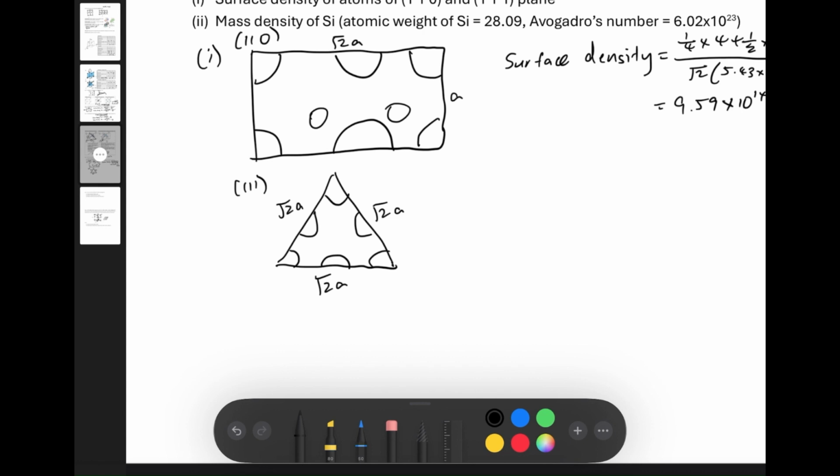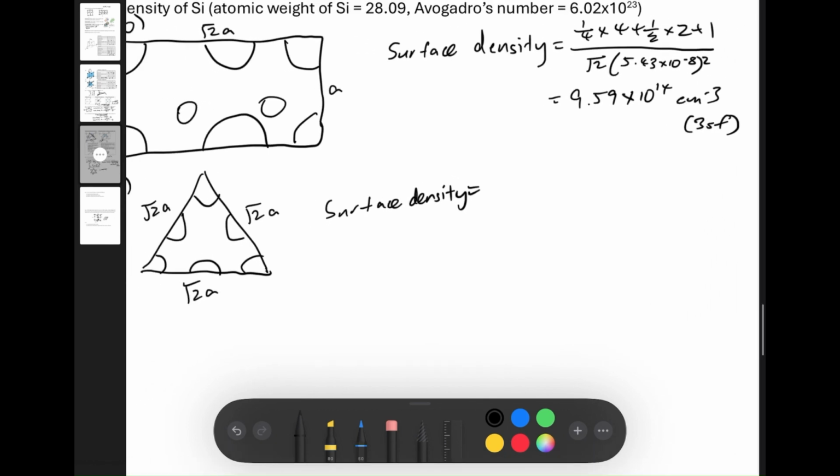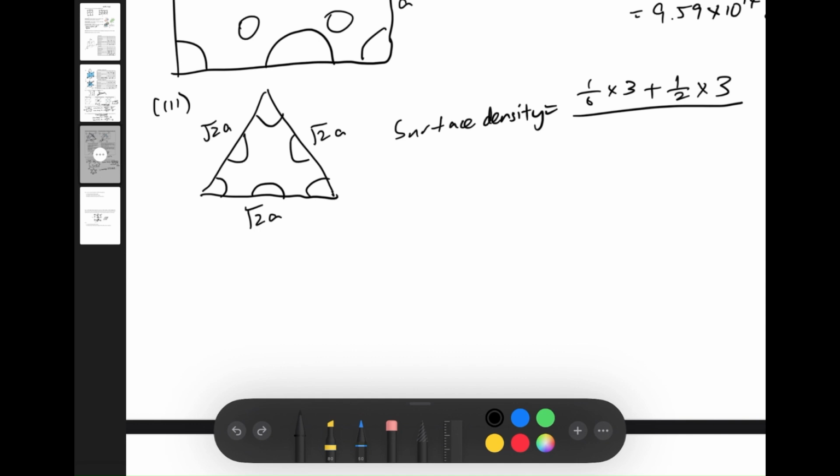So the surface density is equal to 1/6 times 3, which is half, plus 1/2 times 3, over the area. Let's first split it into 2. So we look at the right angle triangle here. So this is 60 degrees, 30 degrees, and 90 degrees. So we know that the ratio of the sides is 1 to root 3.